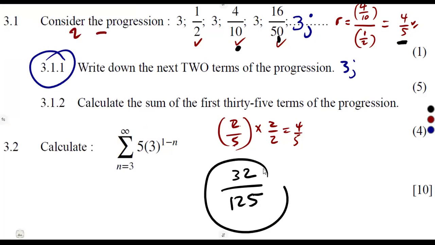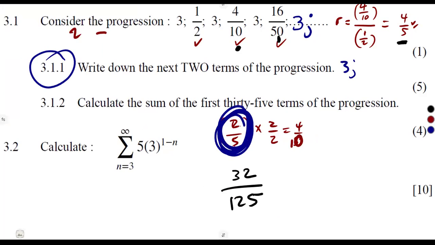But if you are to write it this way, it is wrong, because according to this progression, we saw that instead of us having 2 over 5, they are giving us 4 over 10. So also you're supposed to make an adjustment here. The same way you have to multiply by 2 over 2.